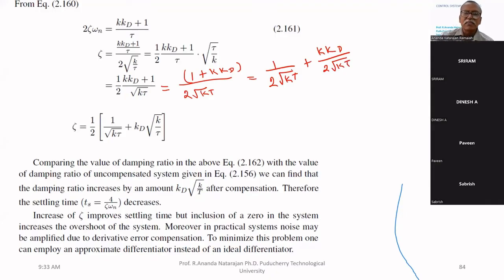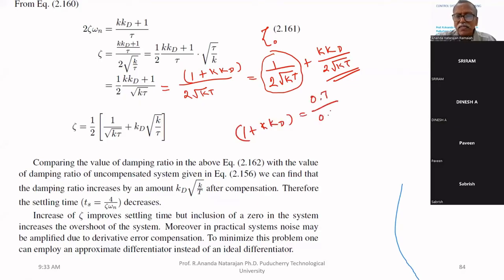This way also we can write the same thing. Some quantity is added to zeta means zeta is increased. So if you want to fix that zeta, 1 plus K Kd must be selected in such a way that you want to increase from 0.3 to 0.7, so 1 plus K Kd must be equal to 0.7 by 0.3. That's all. Then automatically it becomes 0.7. That is the advantage.